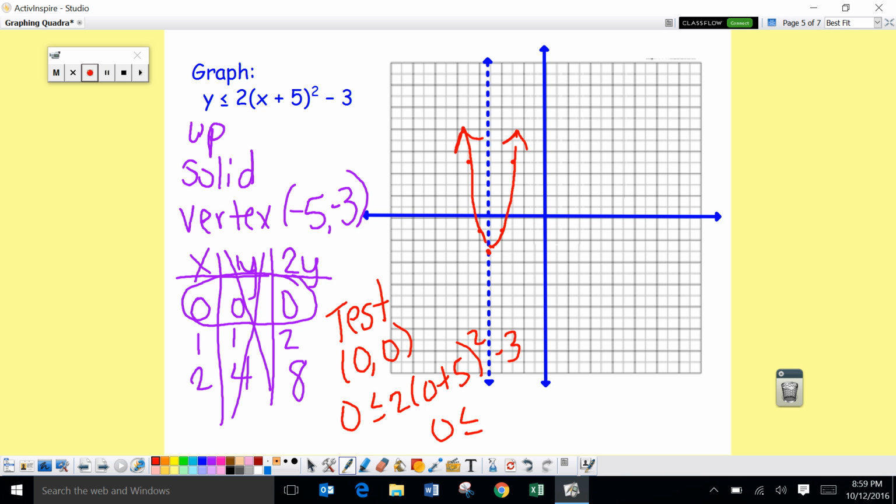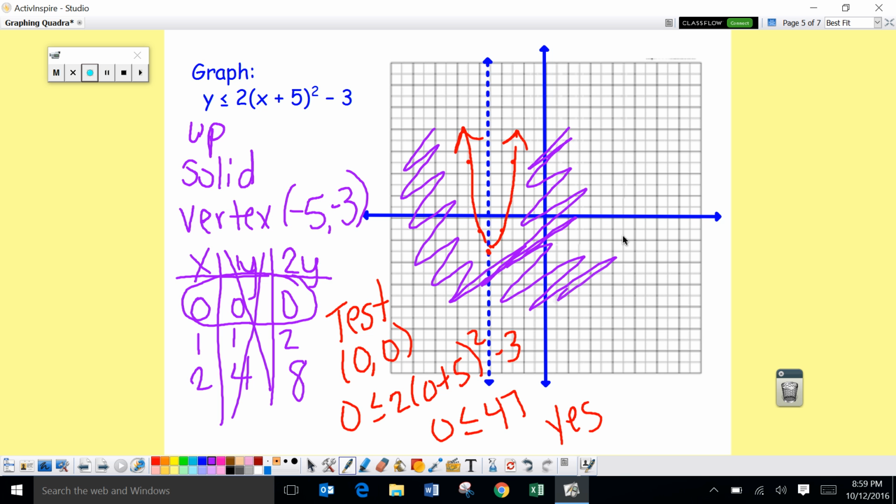So 0 plus 5 in parentheses is 5. 5 squared is 25. 25 times 2 is 50, and 50 minus 3 is 47. Is 0 less than or equal to 47? Yes, it is. Since that is true and the origin is located on the outside of the parabola, I'm going to shade where the origin is, which is on the outside.